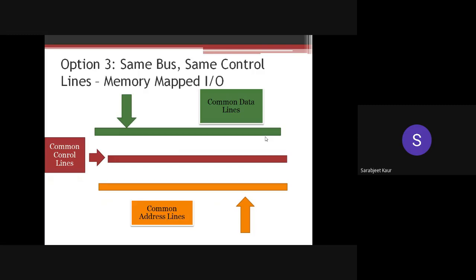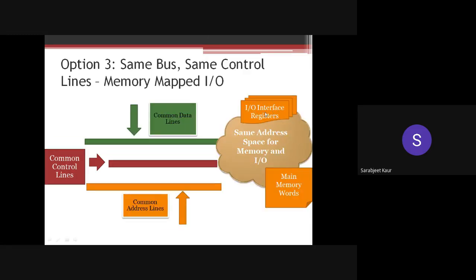Now let us look at the third option, which is also known as the memory mapped IO. In the memory mapped IO, please look at the name again very carefully. As the name suggests, the IO and the memory address spaces are mapped. That means physically, in the computer system, there is a single storage area which is given to both the main memory, and in which the interface registers are also stored.